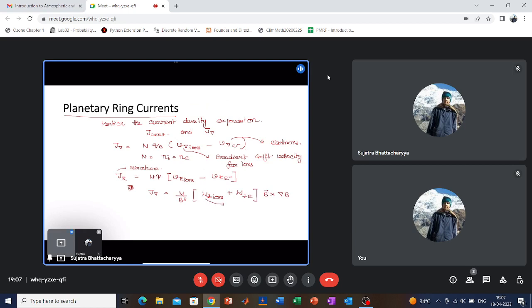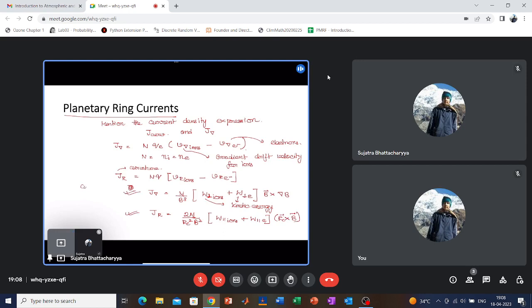Now these are nothing but the kinetic energies, and for J_R it will be 2N by R_C square B square, a similar expression to what we have seen already, but this is for the parallel component of the kinetic energy, and this will be R_C cross B. So these are the important expressions for the current density.